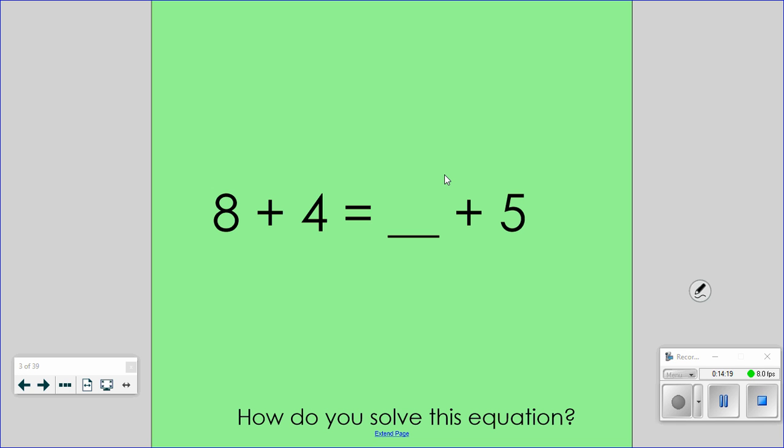Bella, what do you think? How am I going to solve it? Gwen, how would I solve this? I wrote 8 plus 4 equals 12. Yep, I'm listening. Keep going.